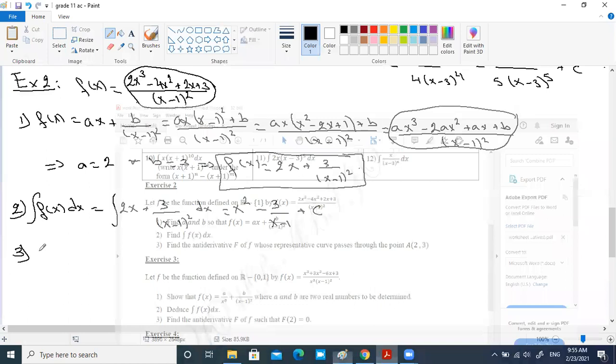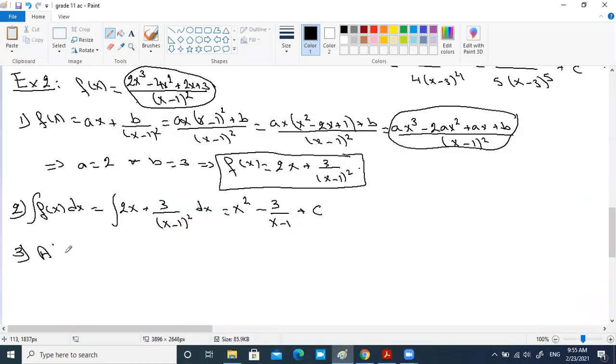The point A of coordinates 2, 3 belongs to the curve of the function capital F. Since this point belongs to the curve of F, it means that F of 2 is equal to 3.